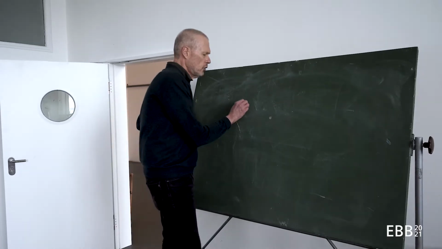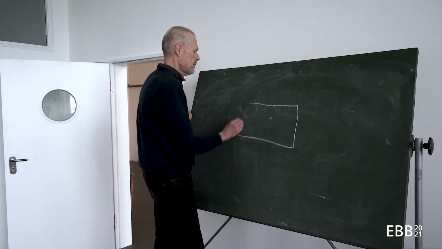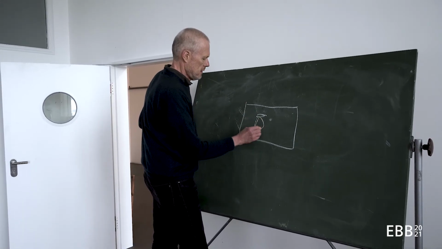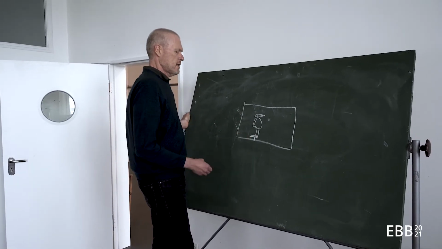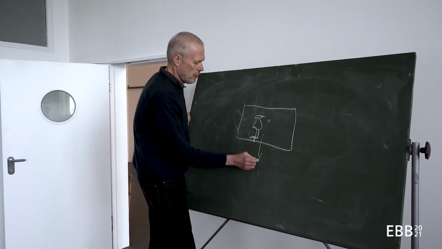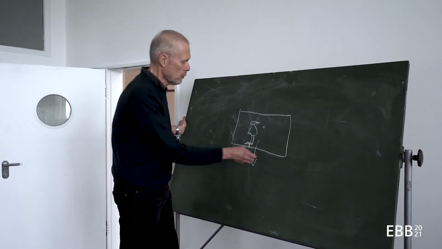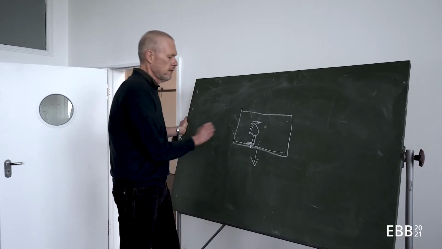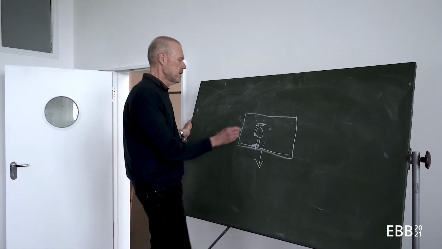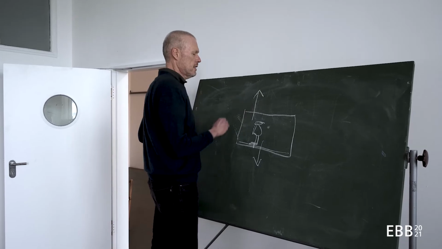In a multi-story building like this one, I'm standing in the space here, and sound transmission can occur via the floor. So this is why we have a screed here on top of the floor. It can be transmitted via the ceiling.